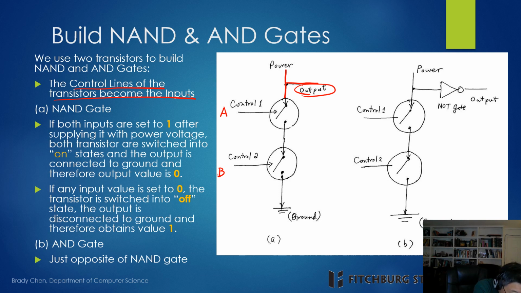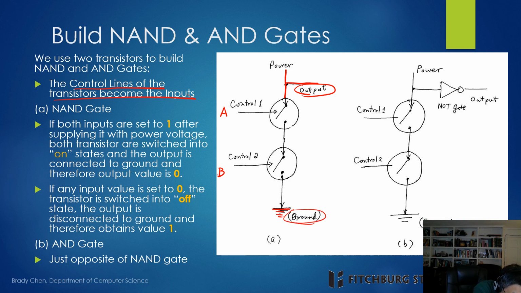If we set the control line to 0, then the switch of the transistor is in the off position. Now the second transistor, transistor 2, is connected to the ground on the emitter side.